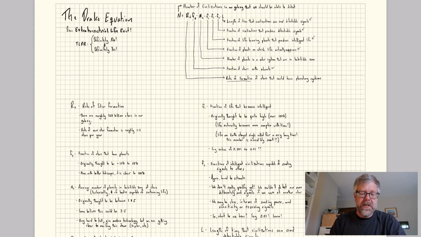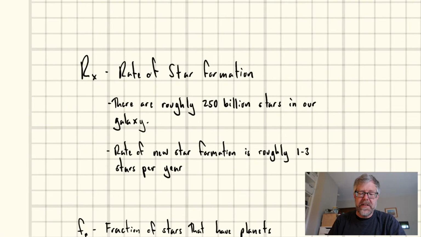All right, so let's go into more details about each of these. R* is the rate of star formation, so basically how many stars are coming online each year. There are roughly 250 billion stars in our galaxy right now, and the rate of new star formation is roughly 1 to 3 stars per year. So new stars are forming all the time, and new planets are forming around those all the time.